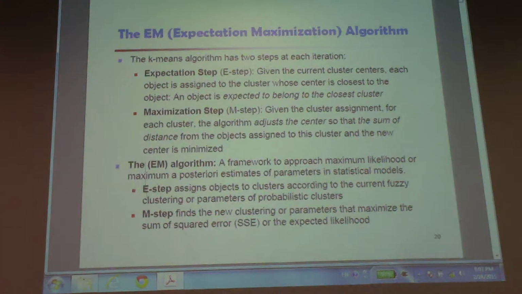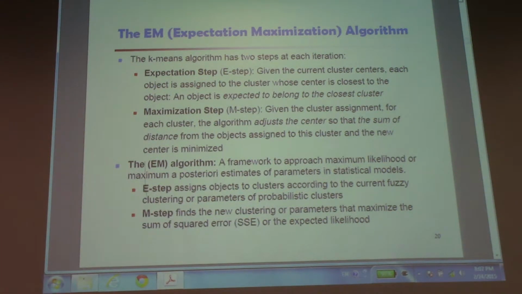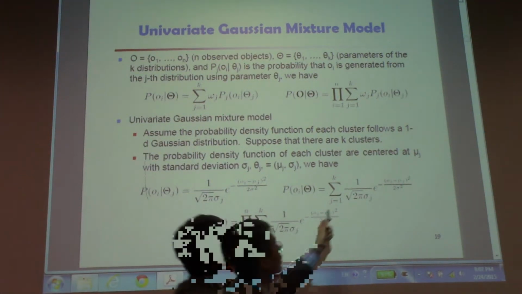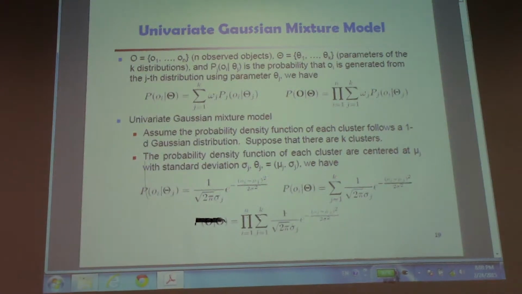So it can be 10, 20, 70%, because it's based on fuzzy, soft membership, because it's a probability. Then maximization means the product using such membership.